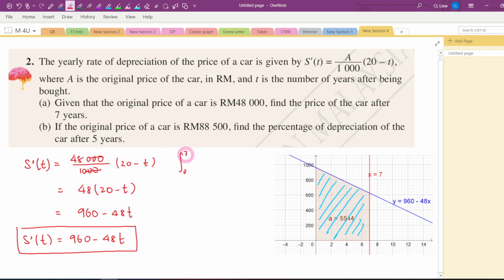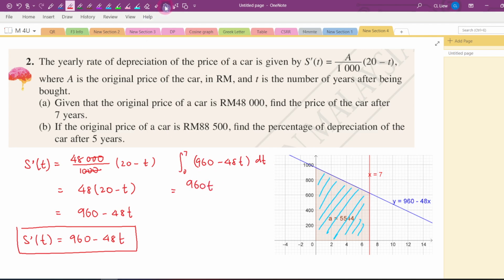From 0 to 7. Why? Because 7 years, right? We are trying to find the area for this part. 960 minus 48t with respect to t. Okay, so we just do integration.